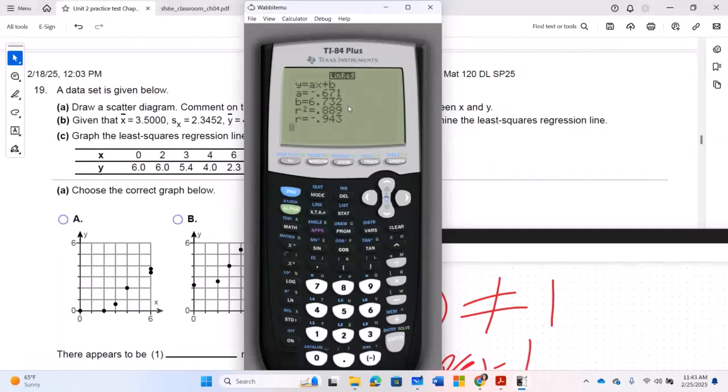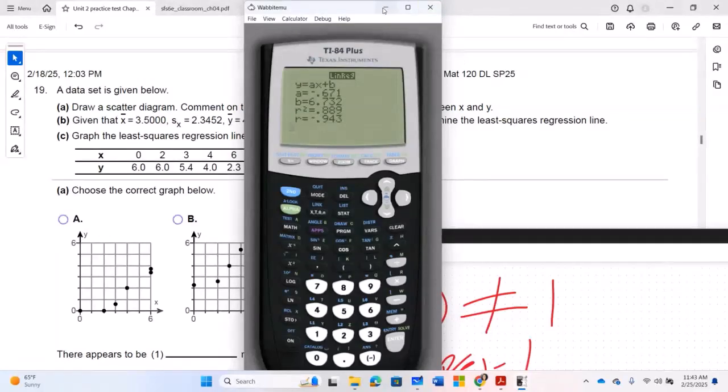Okay, and then I can now write this equation. I don't have to use the equation, but I need to write it so I can eyeball what the question is saying. So I have this, and I'm going to take a picture of that. All right, now I'm going to go ahead and answer the other questions.